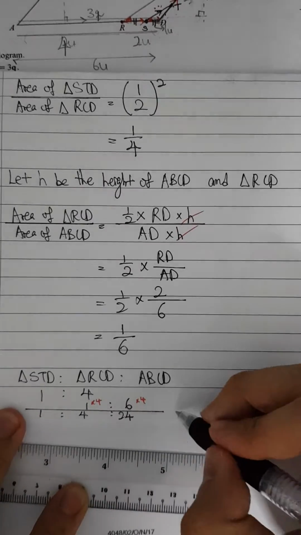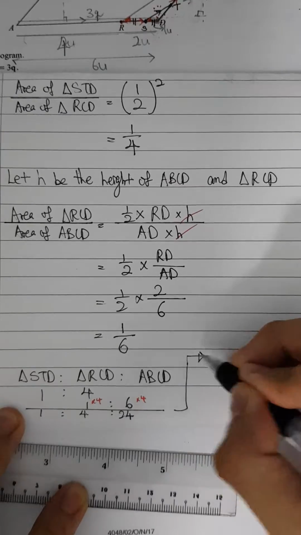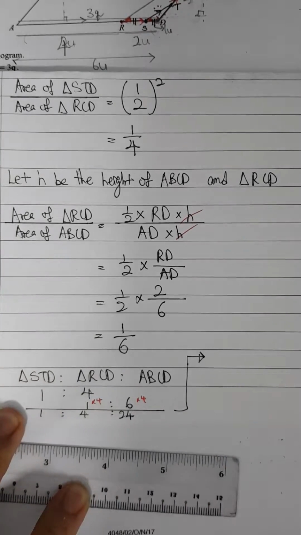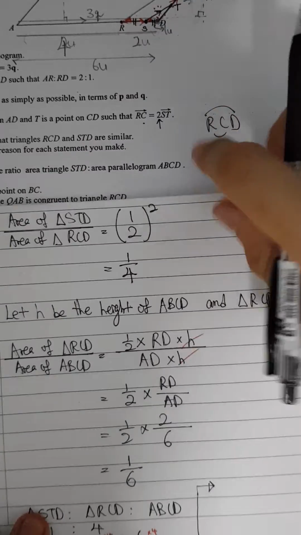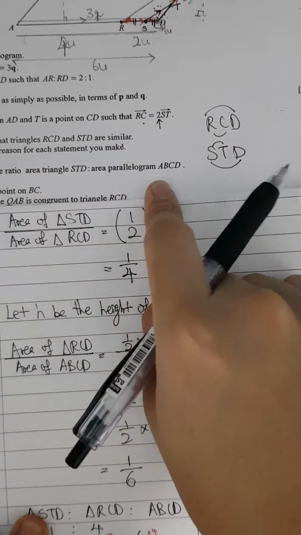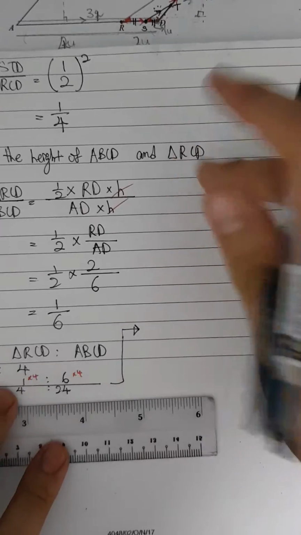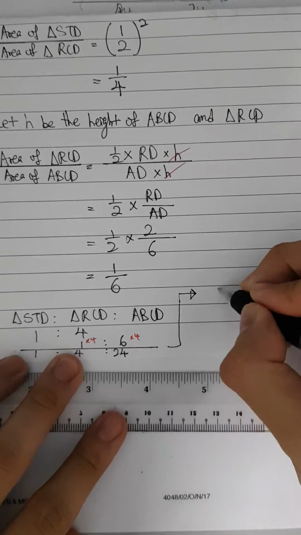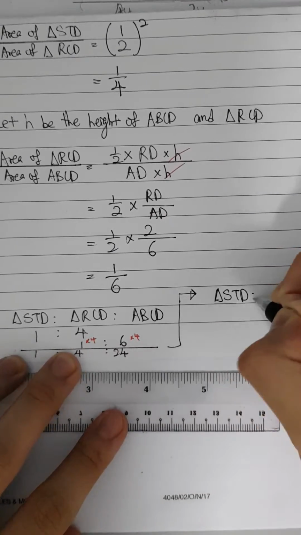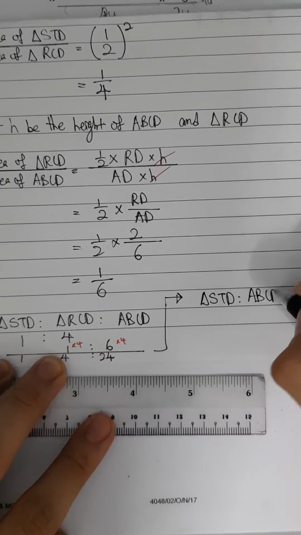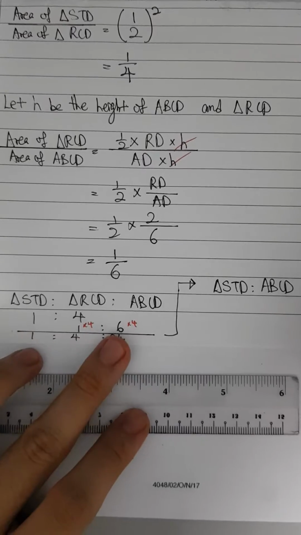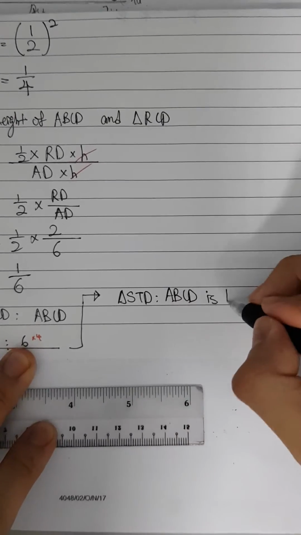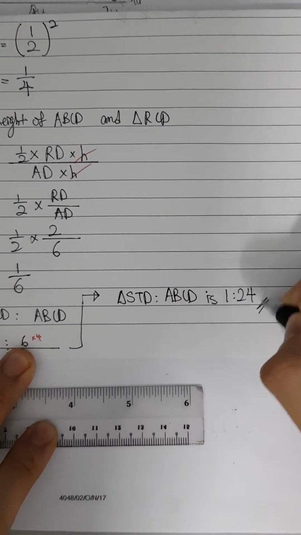And then using this, I draw a conclusion that the required ratio of STD to ABCD, so the area of triangle STD to parallelogram ABCD, is 1:24. Answer.